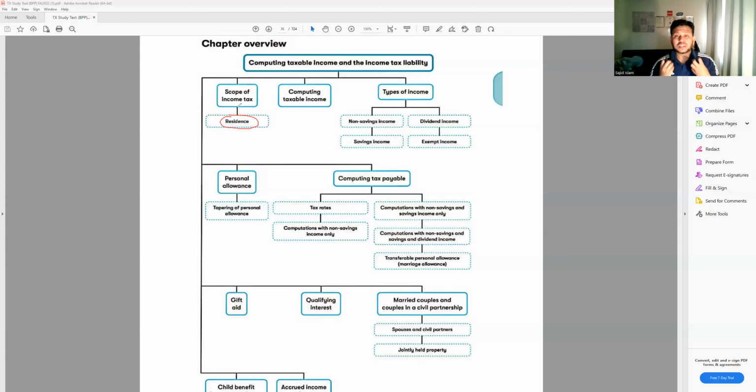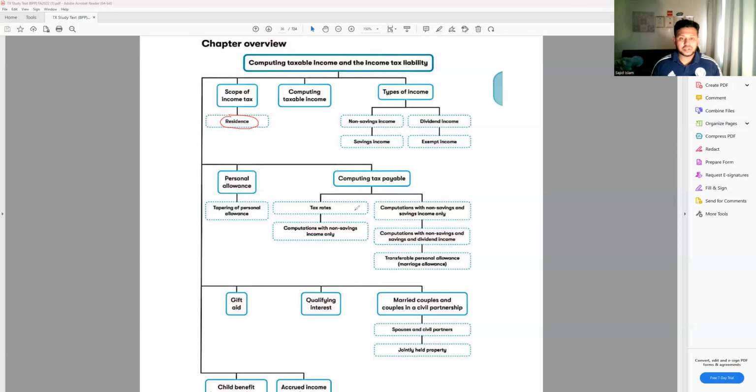So there is a close tie. If there is a close tie, there are some conditions, and it is possible the person can be treated as a resident in the UK, even though he doesn't live here at all. So we're going to look at all of this under the residency test.